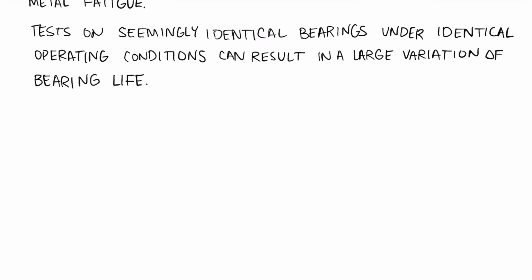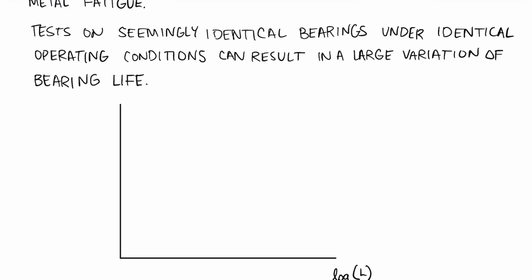Okay, so if we were to take some of the data that has been collected by researchers up to this point and plot it on an XY axis on a log-log scale, where the x-axis is the log of life in number of revolutions, and the y-axis is the log of force, then we would see that the points on this plot have some scatter to them, but largely they're going to fall along the same line.